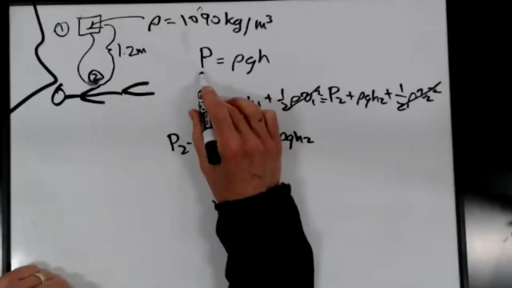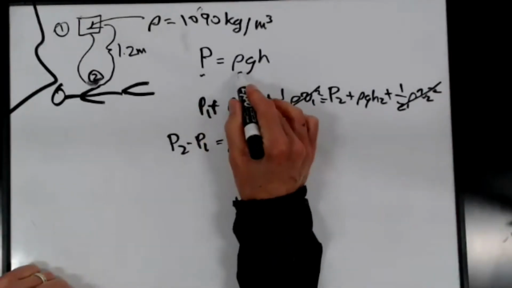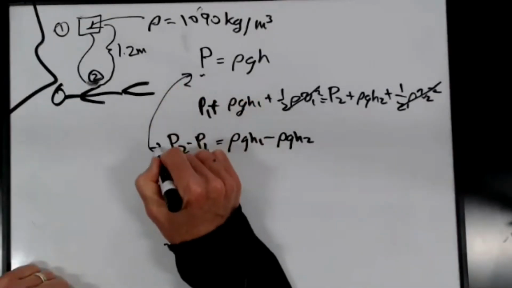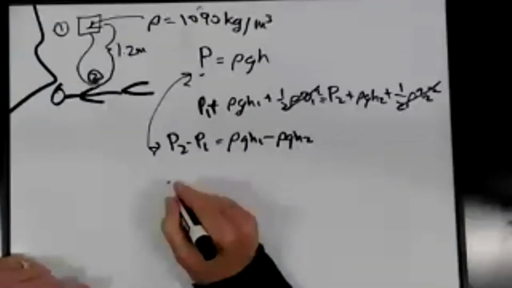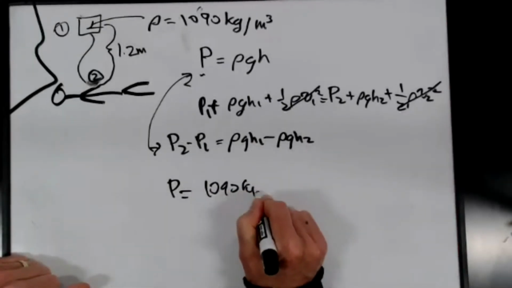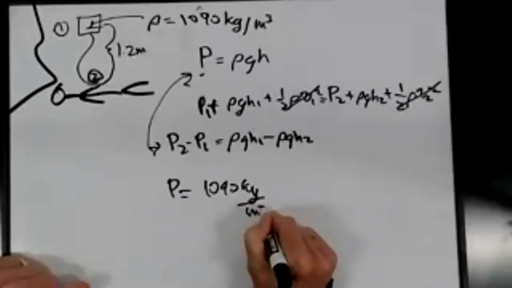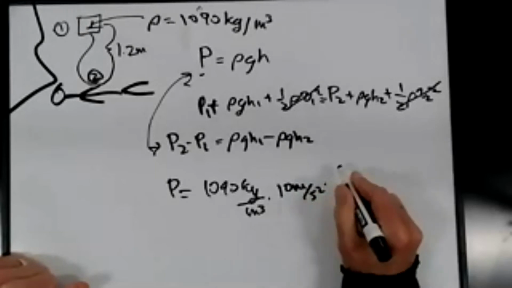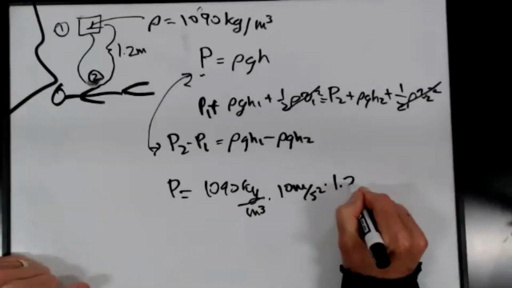We're saying the gauge pressure, which is the pressure difference, is equal to rho g times the height difference. And those two say the same thing. And so the pressure is just 1,090 kilograms per cubic meter times 10 meters per second squared times 1.2 meters.